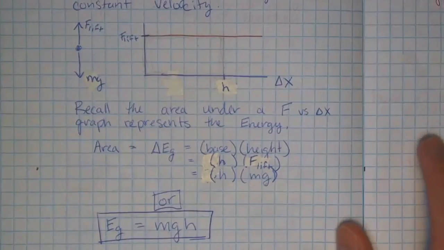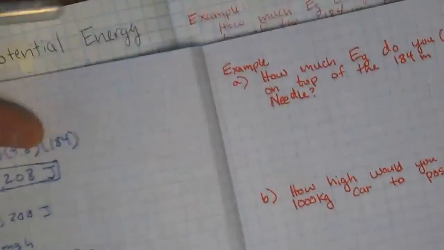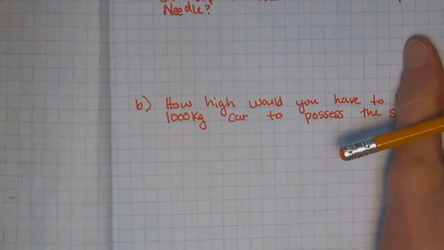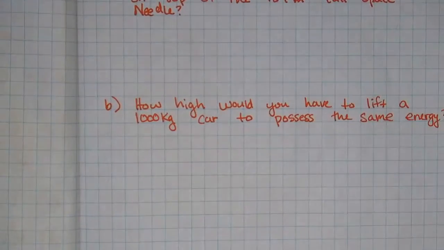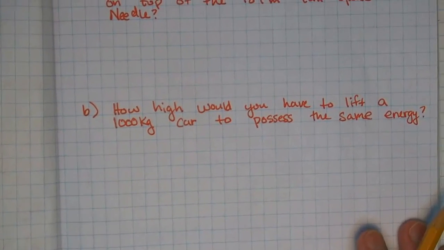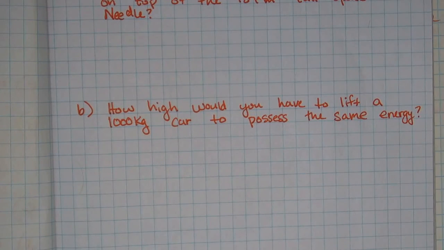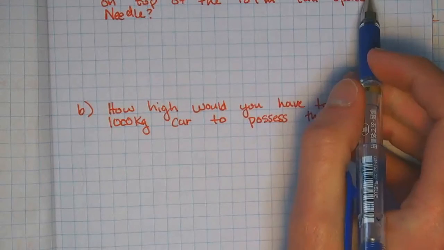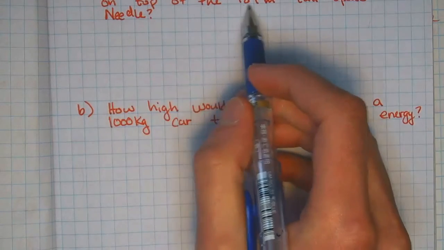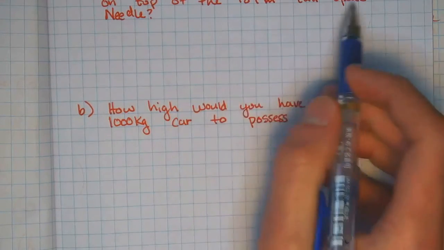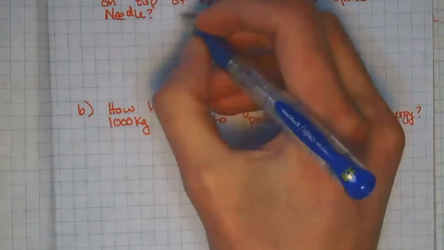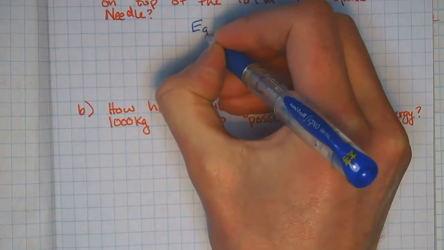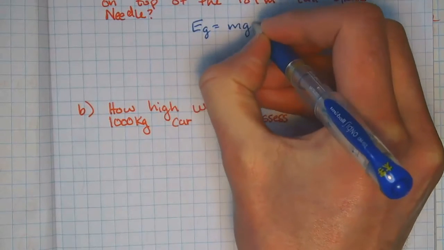All right, so now let's take a look at your example problems here. The first one is just practice using this equation. It says, how much gravitational energy do you, 65 kilograms, have at the top of the 184-meter tall Space Needle? All we've got to do is use our gravitational energy equation, mgh.